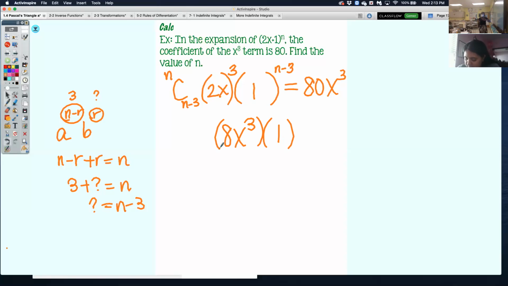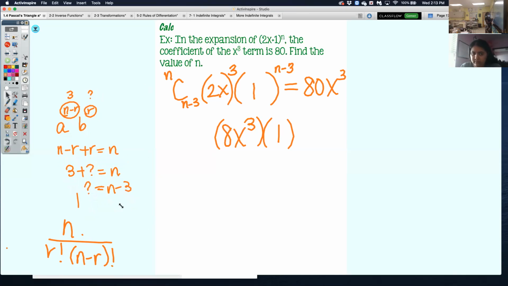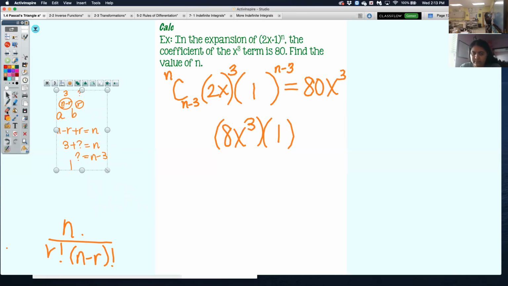So already we got rid of that one. However, this combination is still very much present, okay? And we're going to need to use the formula for combination, which remember is n factorial all over r factorial times n minus r factorial. I'm going to do that in a different color just to make sure that everybody can see this.